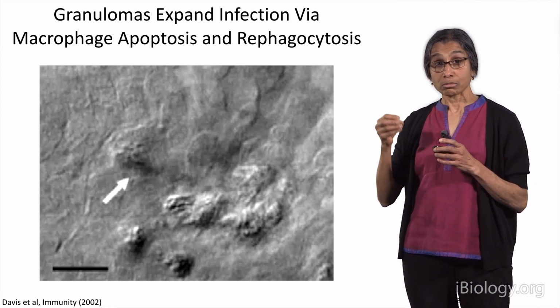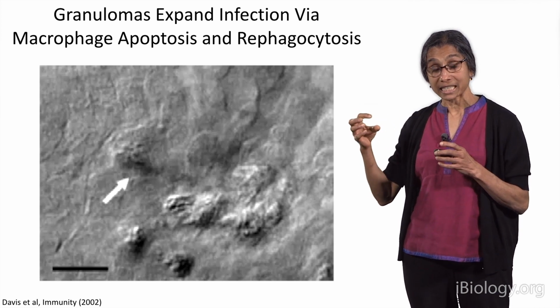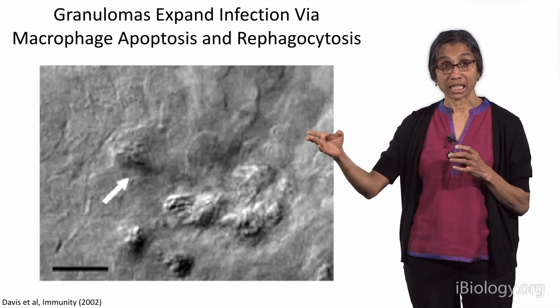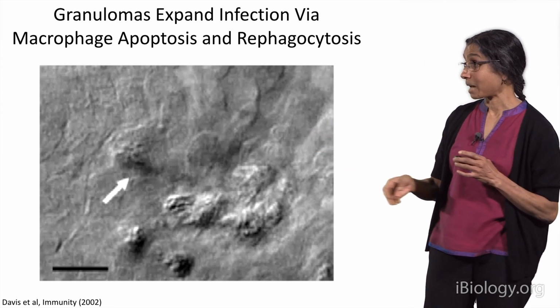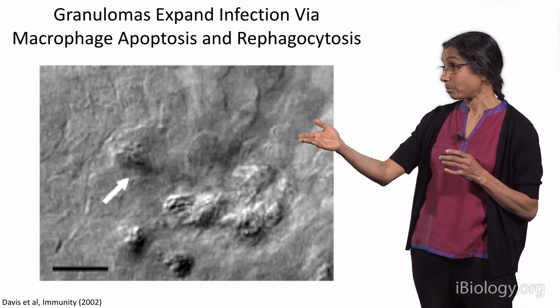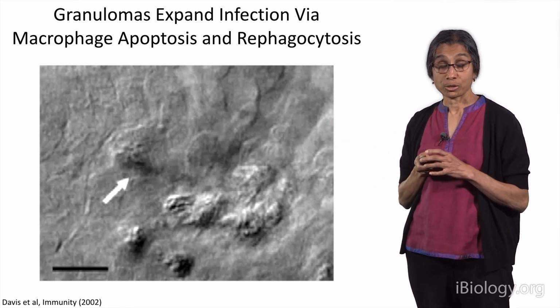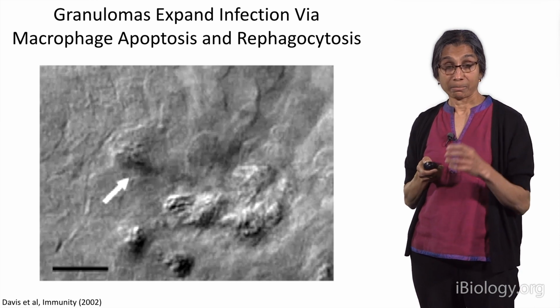And now this dead cell is recognized by the incoming macrophages that come and eat it. I'm going to show you an example here of where one dead macrophage with the white arrow is going to be engulfed by an incoming macrophage.